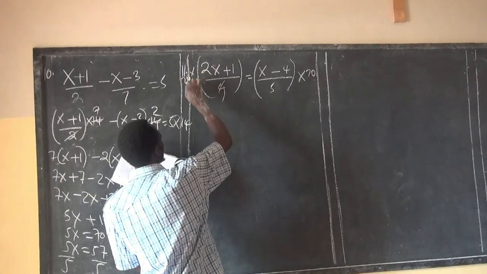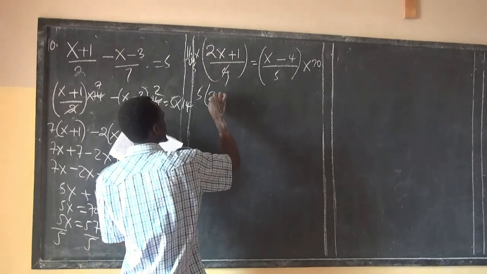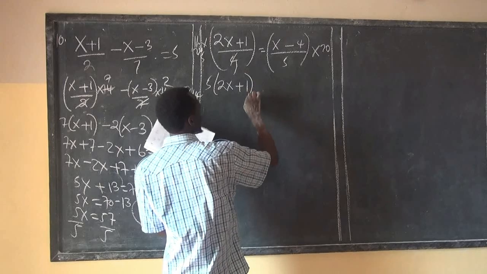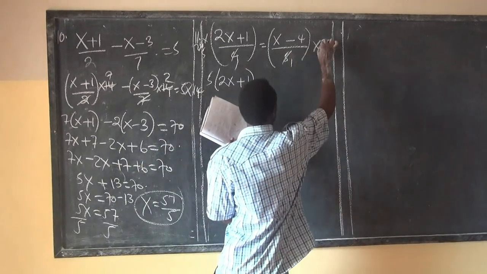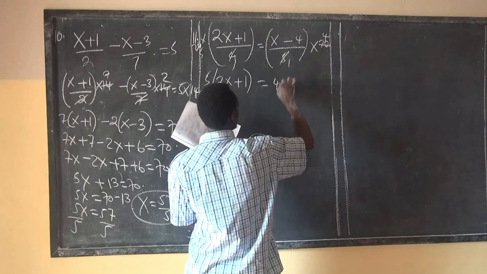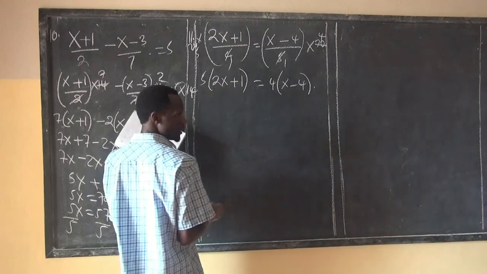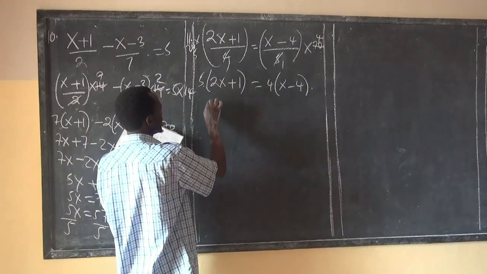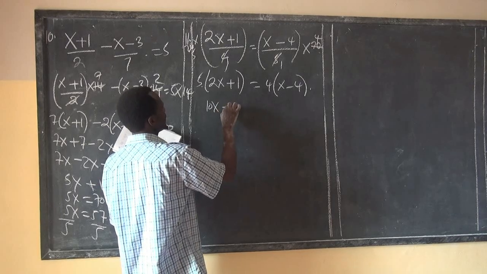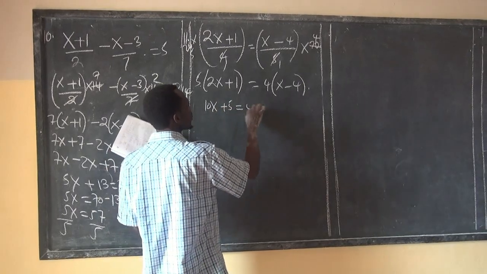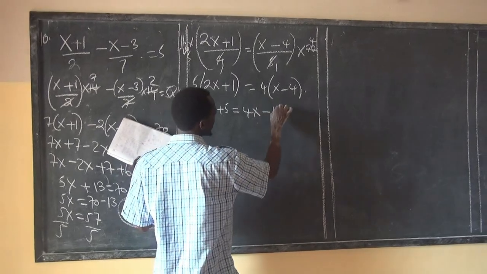Now by 5 here, then you get 5 in bracket 2x plus 1 is equal now to 4 in bracket x minus 4.